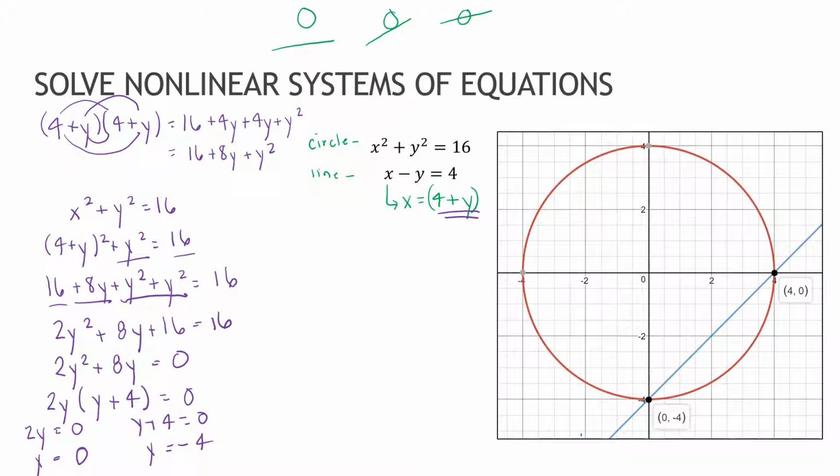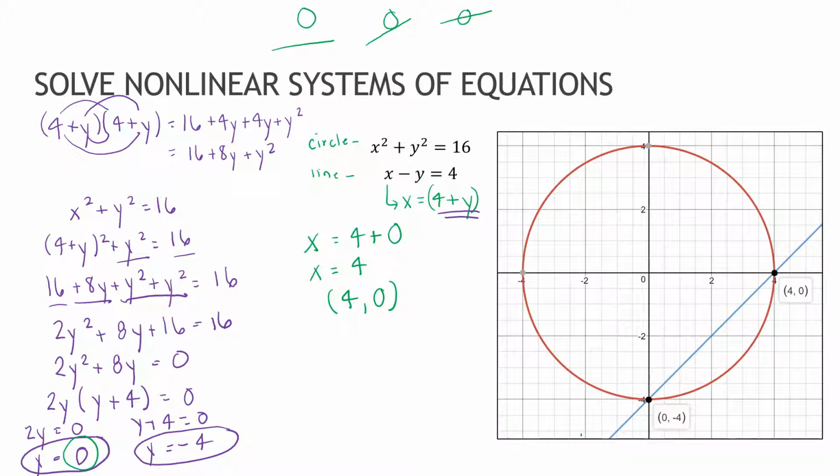Now notice this one's a little bit different than the last examples that I did because I've actually found my y values, 2 of them, which means when I plug them back in, I'm solving for x. So let's take x equals 4 plus y and replace y with 0. So x equals 4. So x is 4, y is 0.